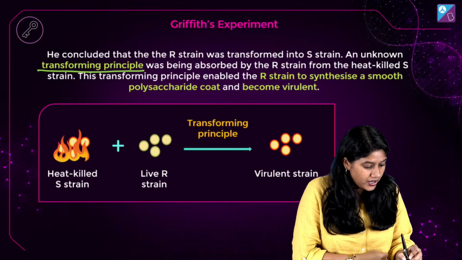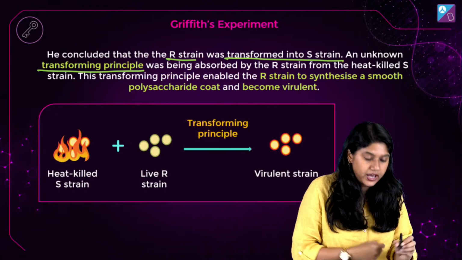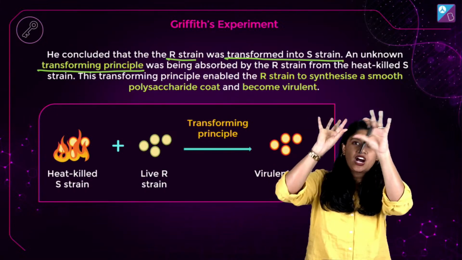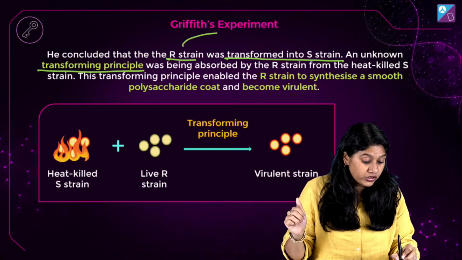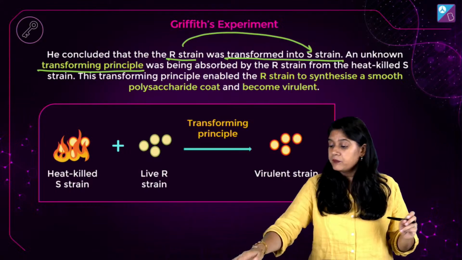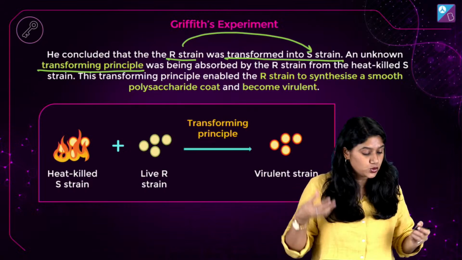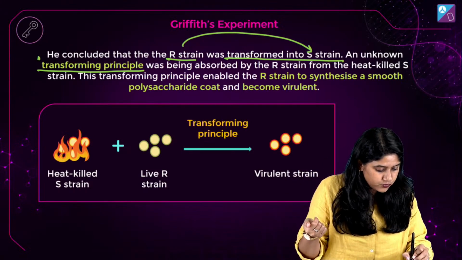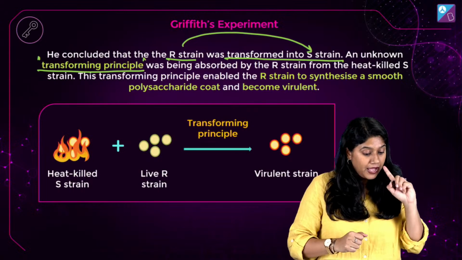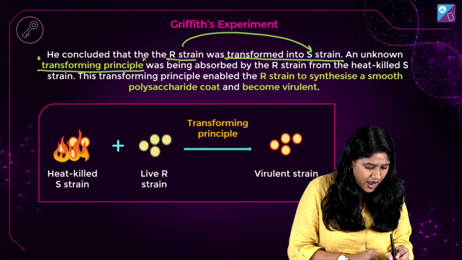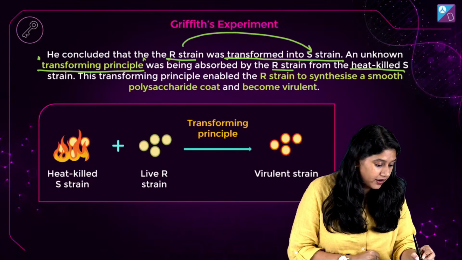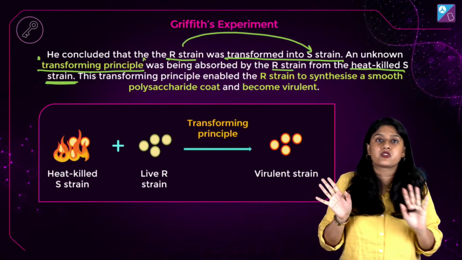तो क्या हुआ? R strain somehow S strain में convert हो गया. कोई जादू हुआ और हमने देखा उनके हिसाब से कि R strain S strain में convert हो गया, but उनको नहीं पता था कि what is this. So he called it as the transforming principle. Okay, and he said that R strain from the heat killed S strain, मतलब there is some transformation happening.